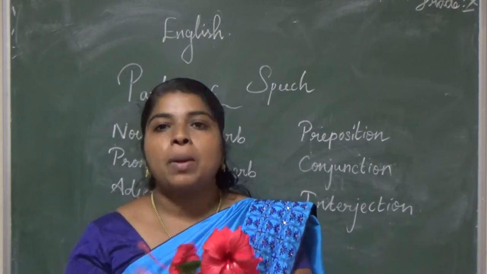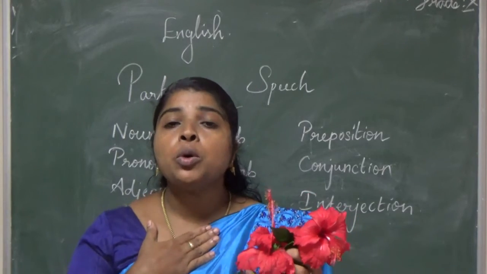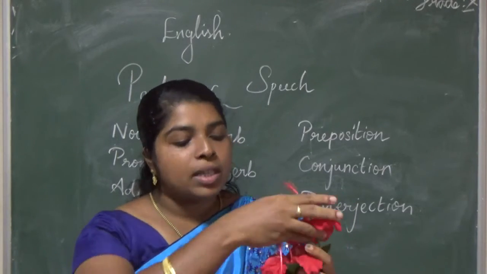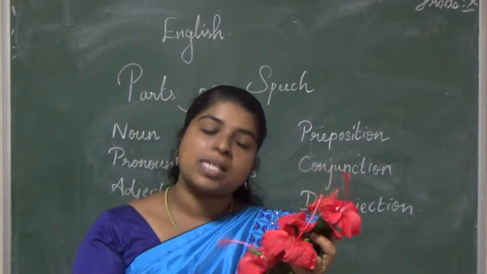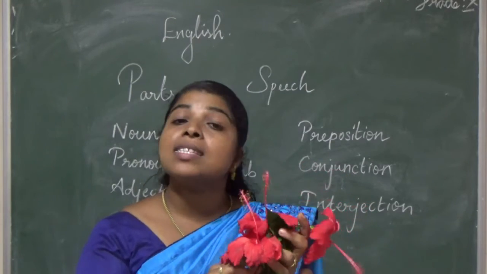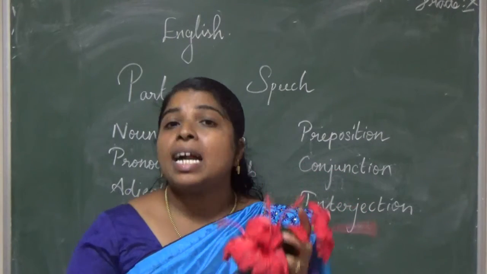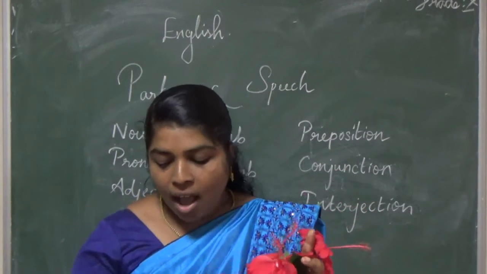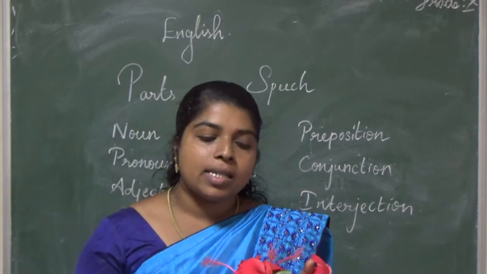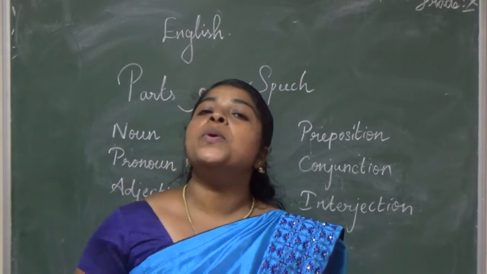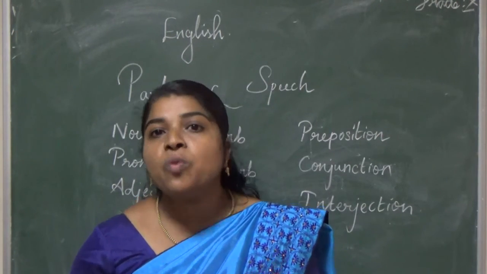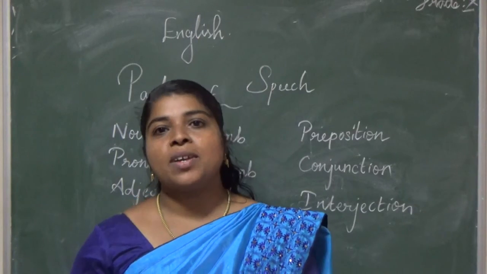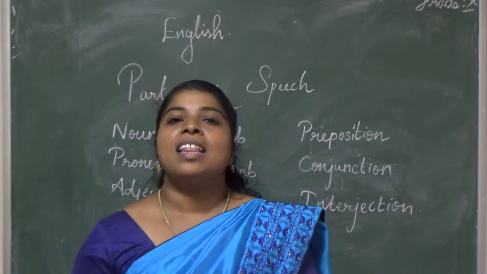From is a preposition. I am going to make a bouquet with these flowers and leaves. Flowers and leaves: this and is a connecting word, a conjunction. Then after making the bouquet, I will say, wow, what a beautiful bouquet it is. So this wow is an interjection. Hope you understand it. Thank you, children.